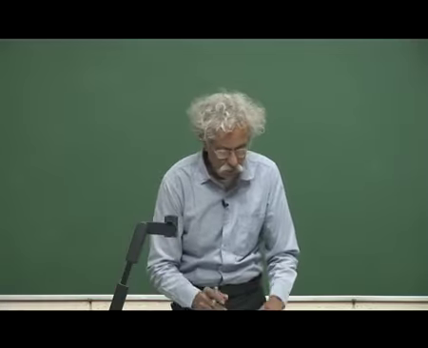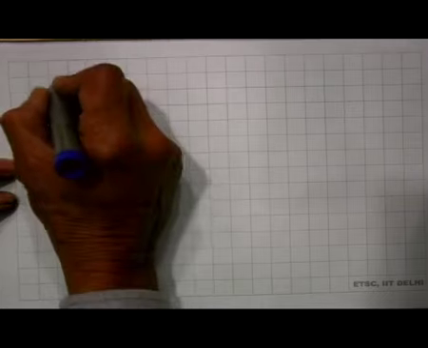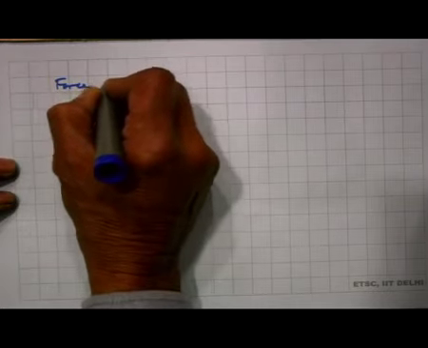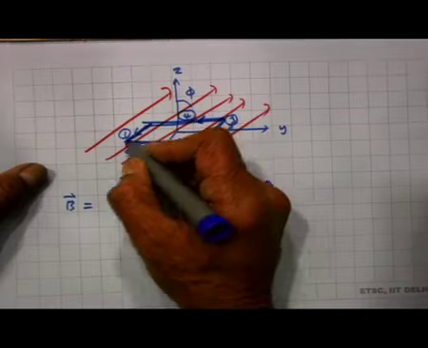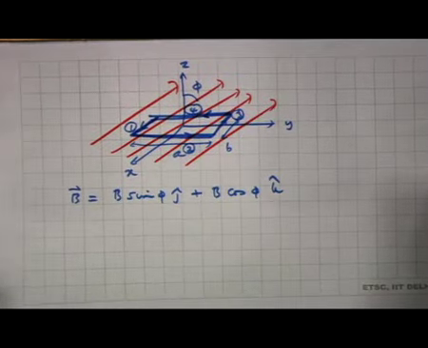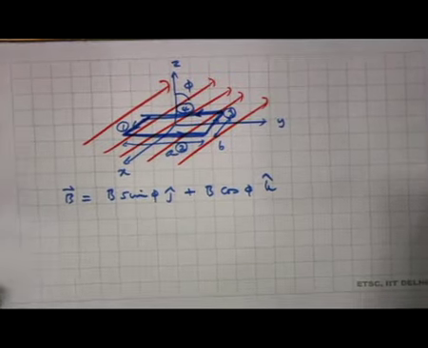So, let me start with the force on 1, that is the force on this element. Now, I know the force is I L cross B, where L is the length of the wire, I is the current and B is the magnetic field. So, I need to know that the current is I and what the L vector is. This is a current carrying conductor pointed along the x direction.